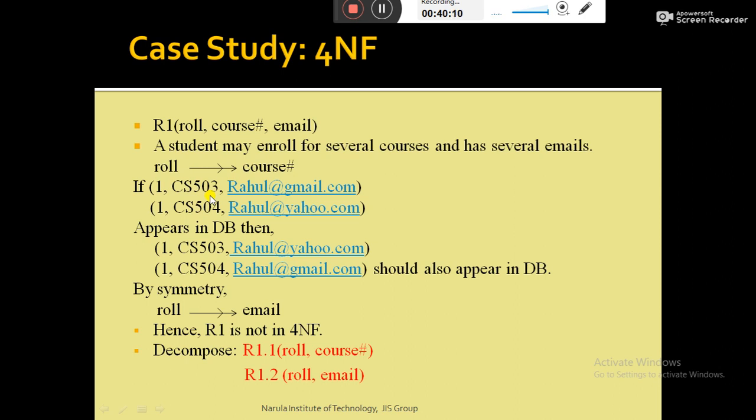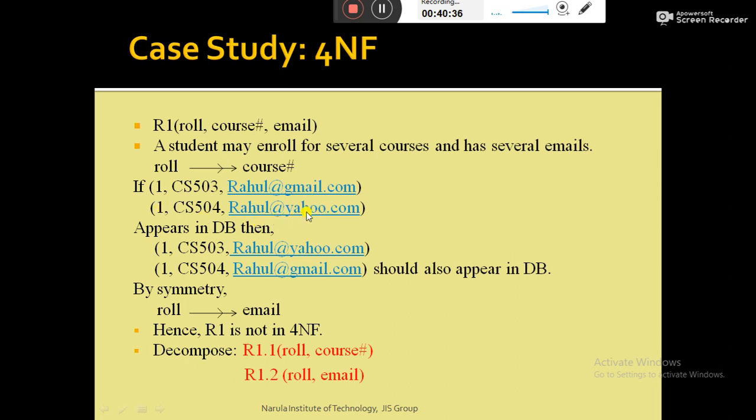state of a database. In that database, suppose roll number 1 enrolls for course CS503 and the student has email ID rahul@gmail.com, and the same student, roll number 1, enrolls into a different course CS504, and that particular student has another mail ID, which is rahul@yahoo.com.